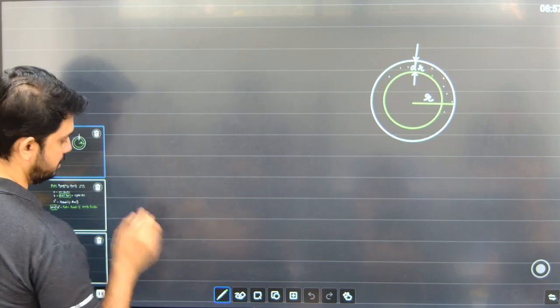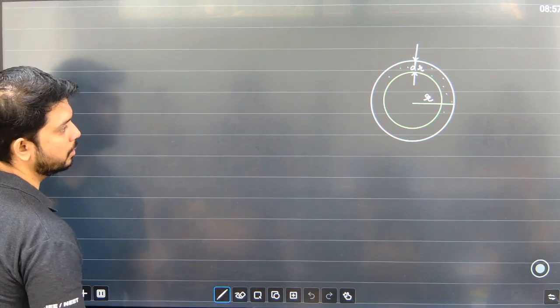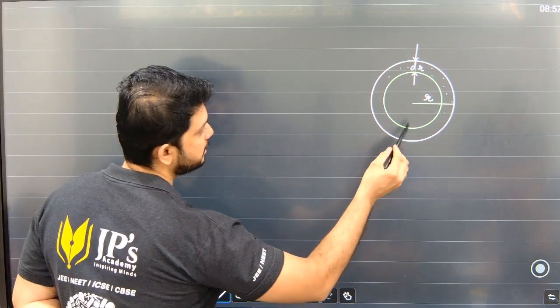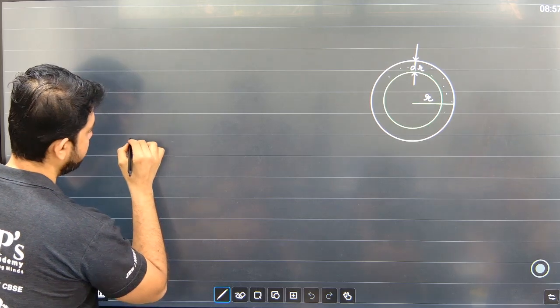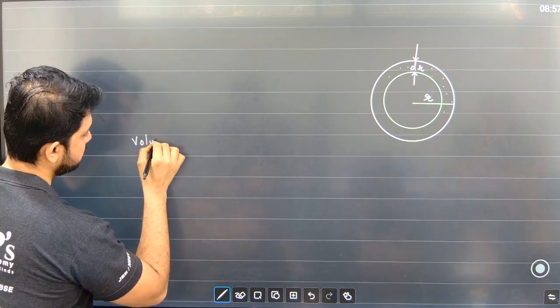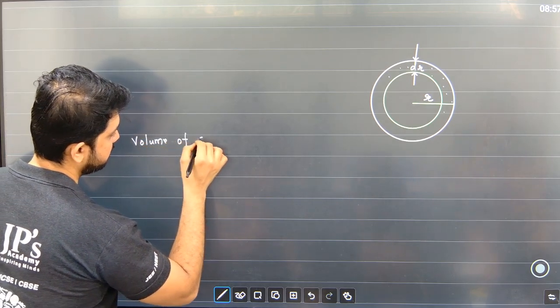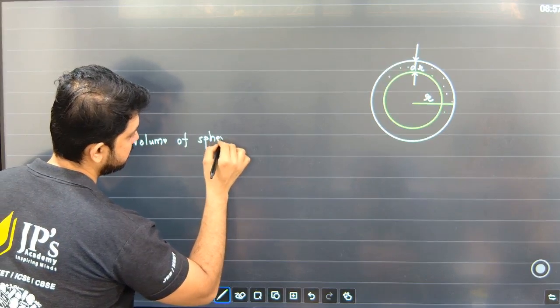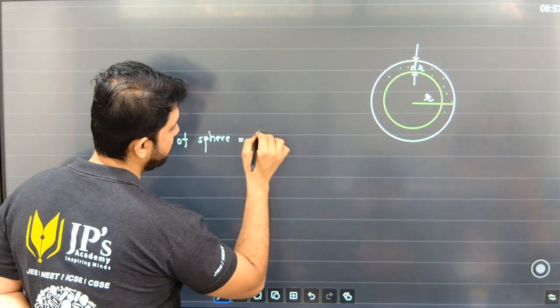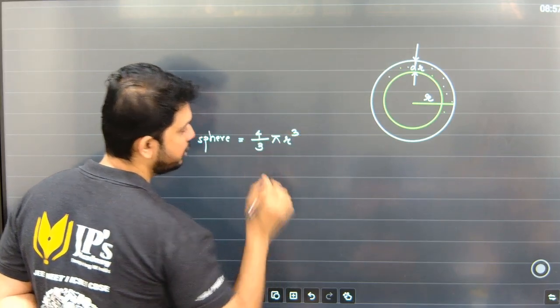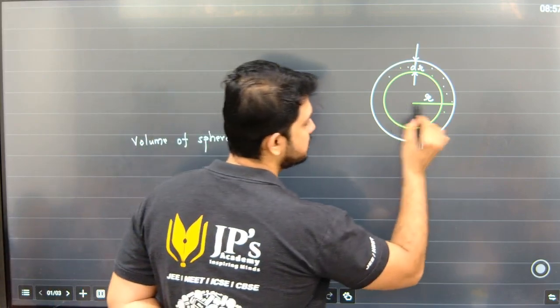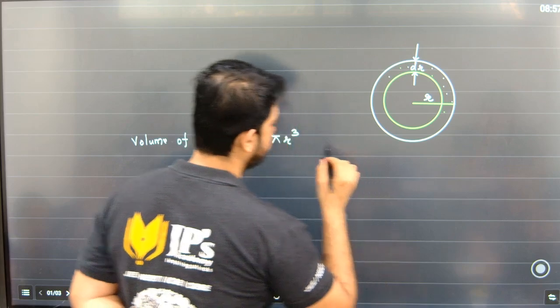Chalo. So, can someone tell me what is the volume of a sphere? What formula do we write for the volume of a sphere? Four upon 3 pi r cube. So this is the volume of that outer sphere.